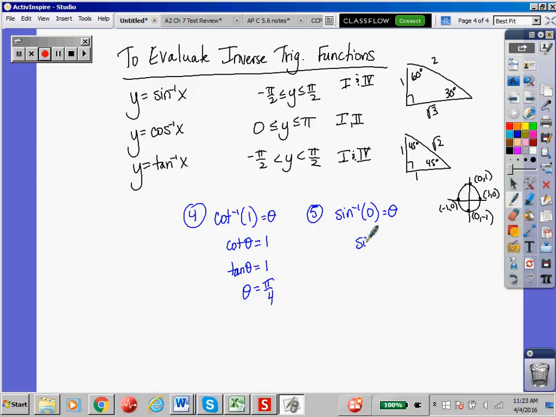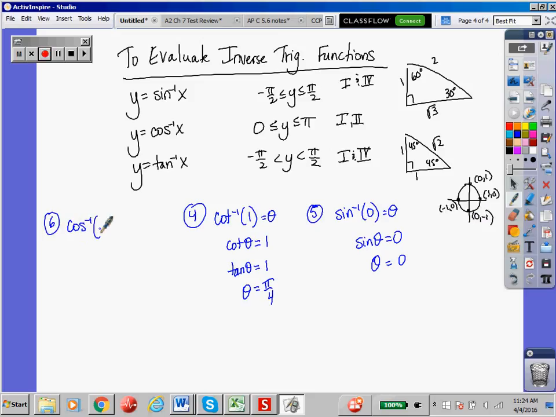So this is the sine of what angle would give me 0. And now remember, we're doing radians, so what would that be? Zero, right? Because it goes cosine comma sine. So it's between negative pi over 2 and pi over 2.